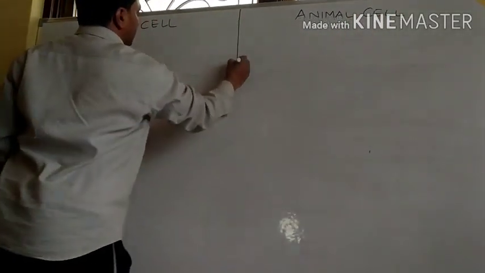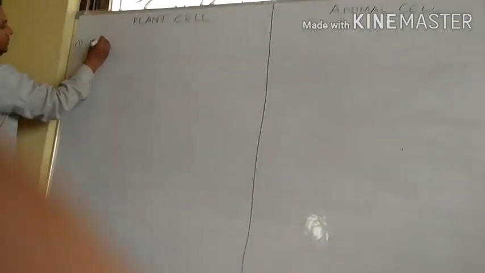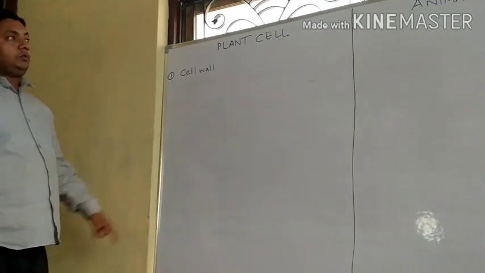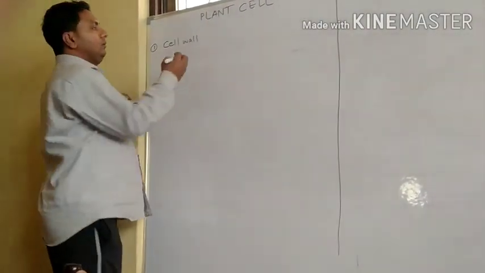See, when we are talking about plant cell, first point, cell wall. Cell wall is present in plant cells.